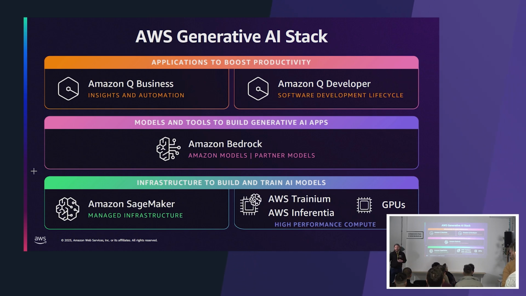At the bottom, we have a layer of managed infrastructure: purpose-built chips and instances for training and inference called Trainium and Inferentia, instances with GPUs to run AI ML workloads, and of course the whole infrastructure around SageMaker.